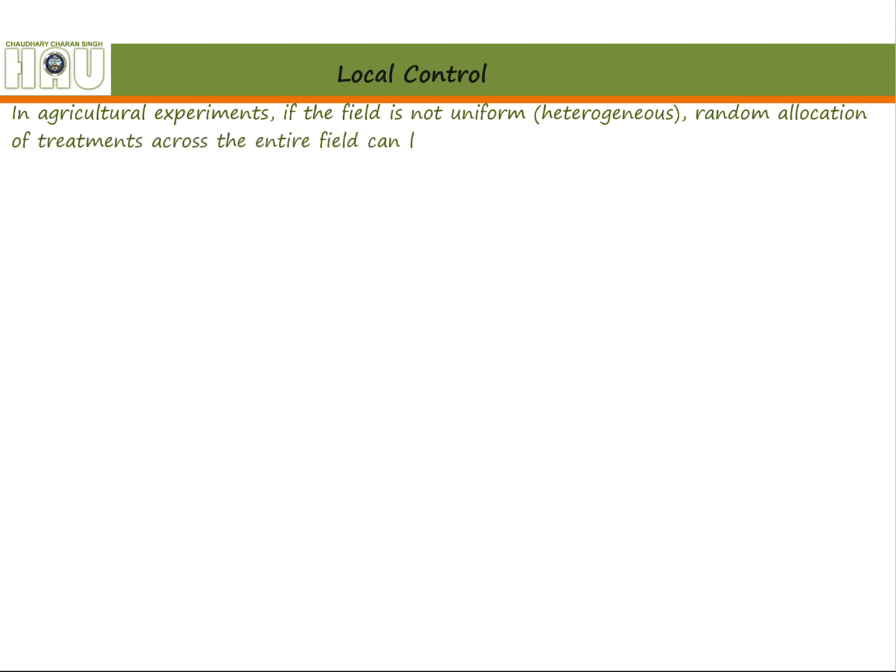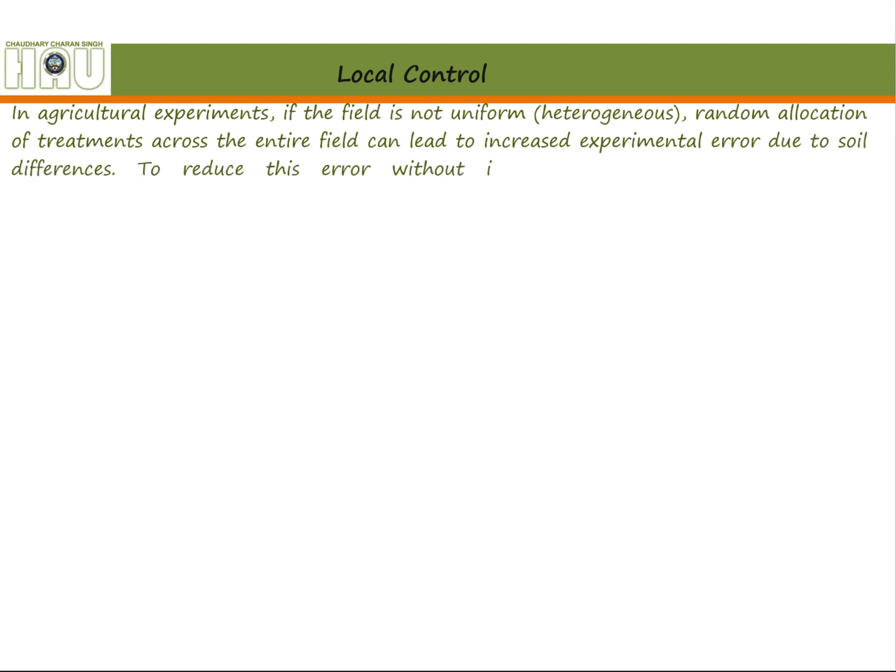In an agricultural experiment, if the field is not uniform, means it is heterogeneous, not homogeneous, then random allocation of treatments across the entire field can lead to increased experimental error, which is due to soil differences, temperature differences, and so on and so forth.